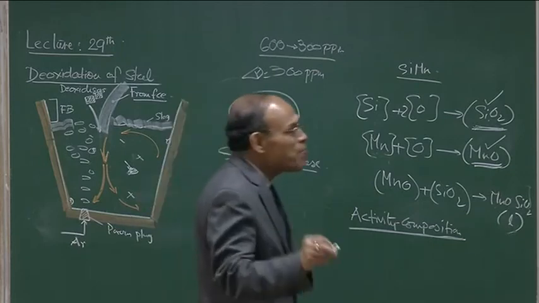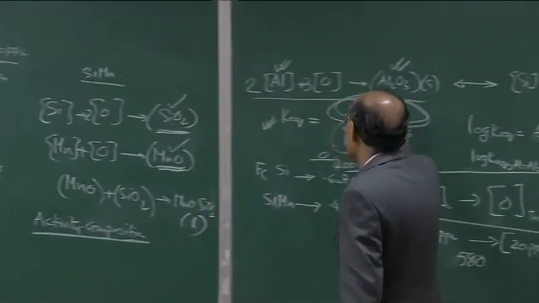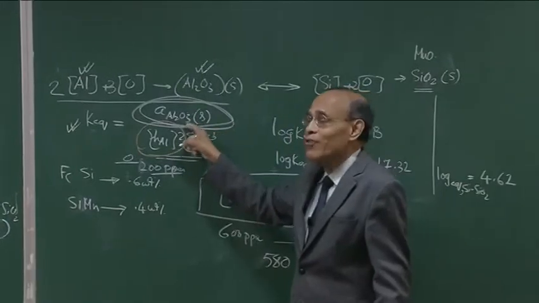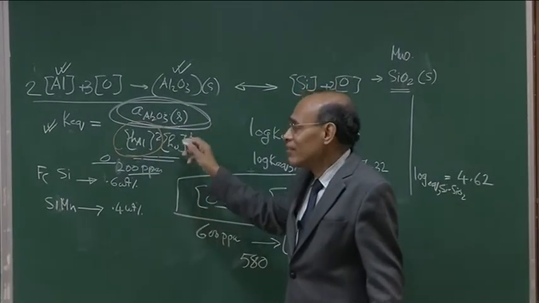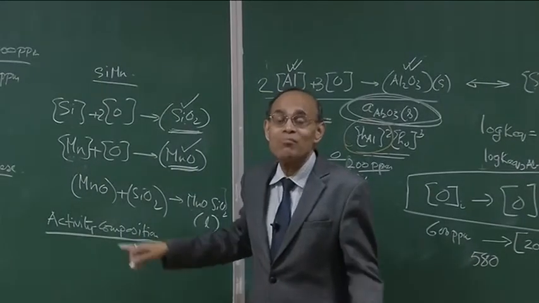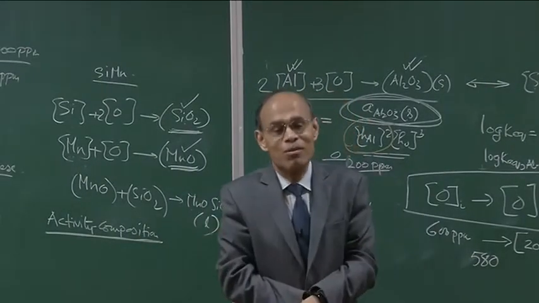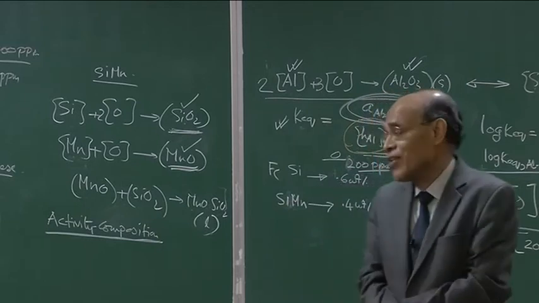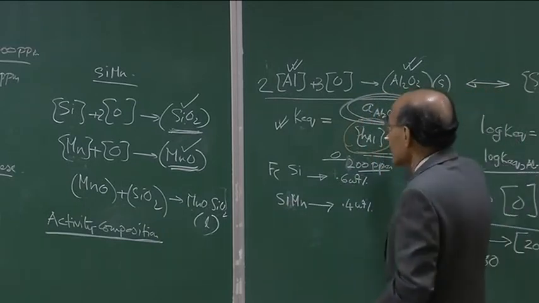So, the assumption of unit activity for a pure deoxidation product in the case of Al2O3 means such an activity composition diagram is not needed, because a pure deoxidation product is always considered and its activity is taken to be equal to 1.